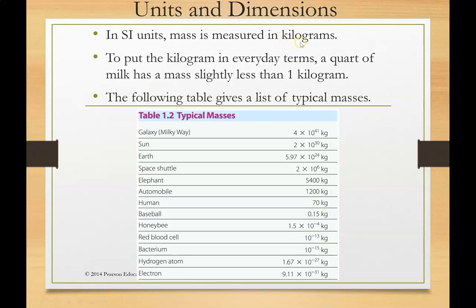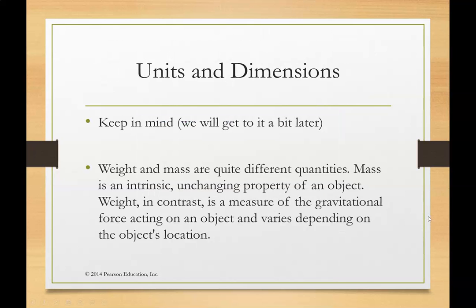And here we go for mass. The mass is in kilograms, and an automobile, a car, would be approximately 1,200 kilograms, depending, of course, on the make and model. An elephant is about 5,400, whereas a typical human is about 70. Now, keep in mind, we're going to stress this later.